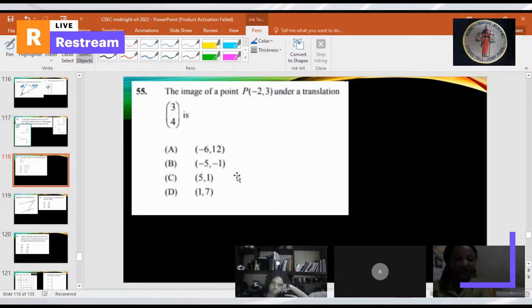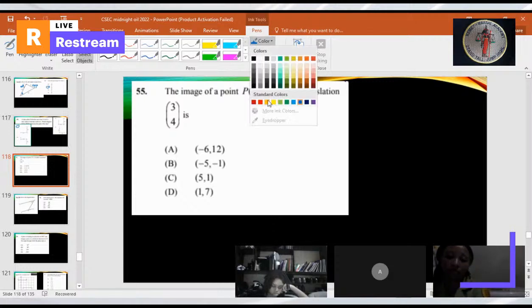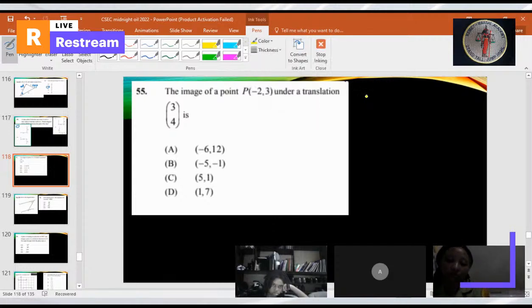All right, Imani, 55. Number 55. The image of a point P negative 2, 3 under a translation 3, 4 is... So to get the image, we add the point to the translation.